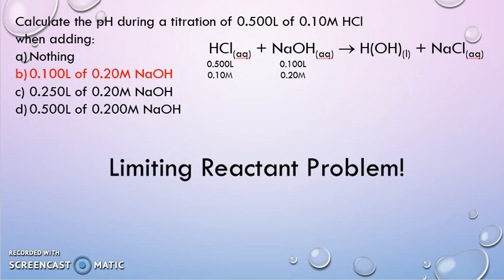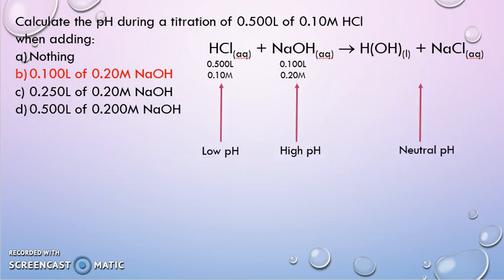Now we're not told at all what to calculate to or how to get there. That means you get to pick. I typically will pick to calculate to my salt. Now to be clear, the HCl has a low pH, the NaOH has a high pH, and all of your products have a very neutral pH.